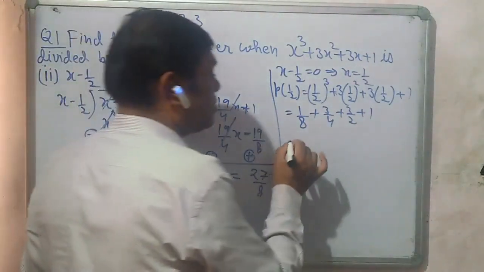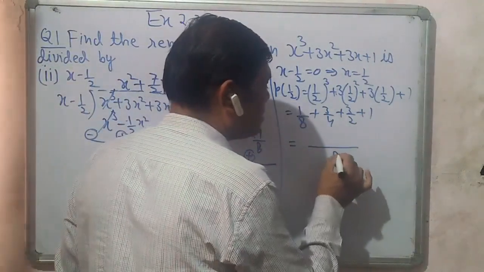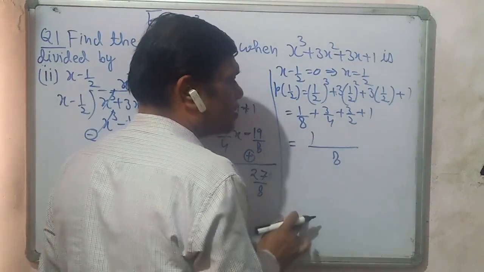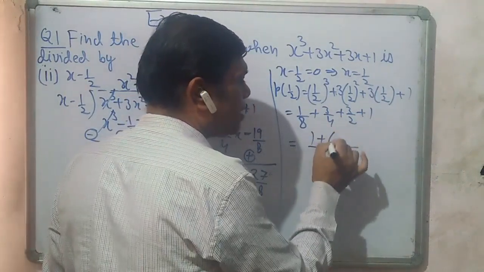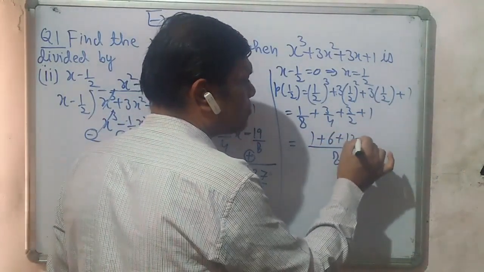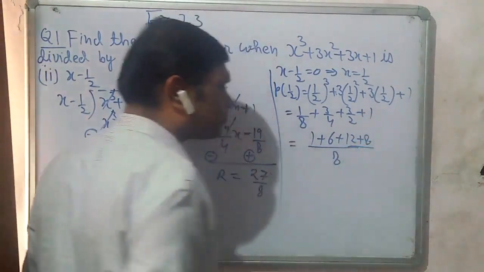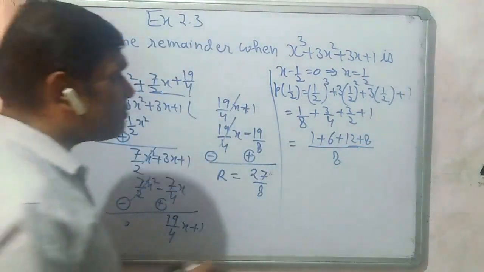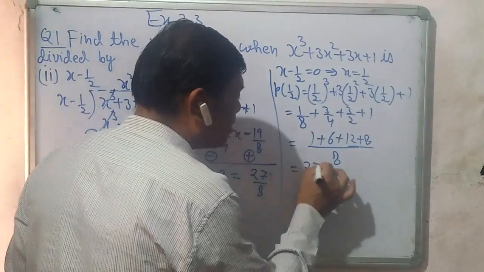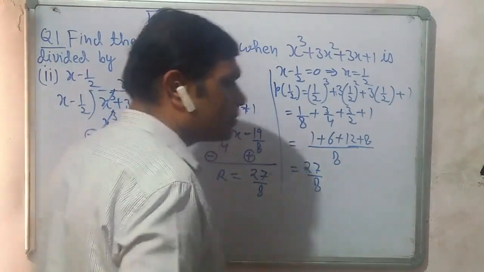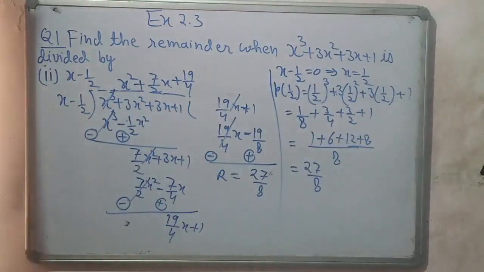Let us take 8 as the LCM. What we have is 1 plus 6 plus 12 plus 8. Does that give us the same 27 upon 8? Yeah. So what we are actually seeing over here is either we divide or we apply the remainder theorem, both ways we are going to get the same remainder.